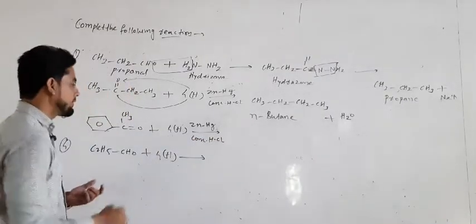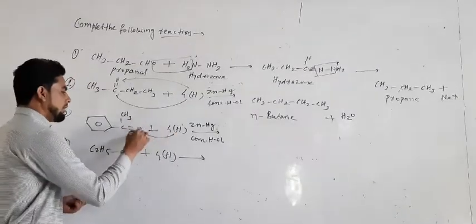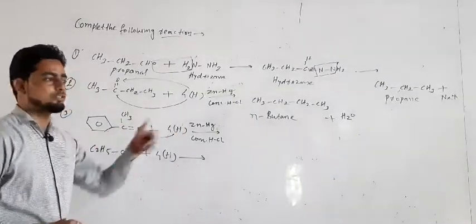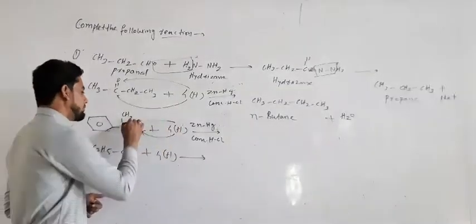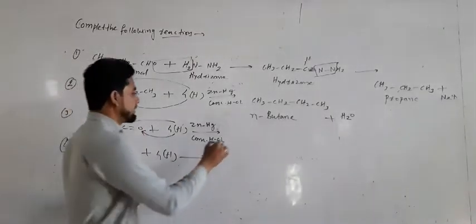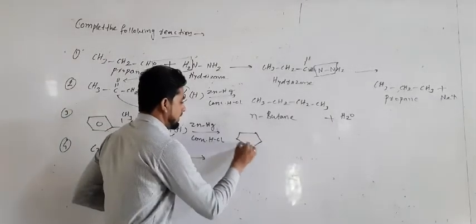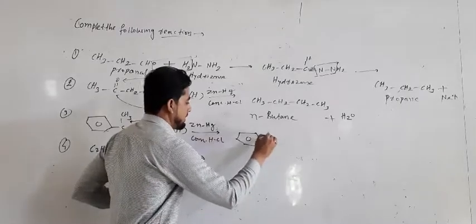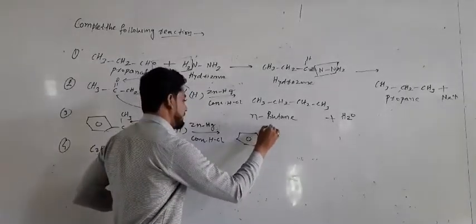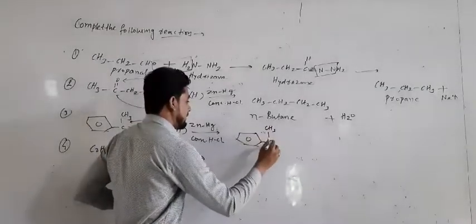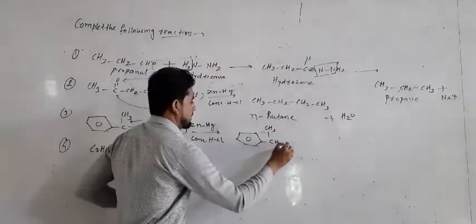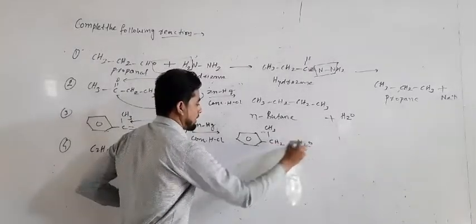So what do we get, beta? This oxygen and 2 hydrogens go as byproduct H2O. The remaining 2 H are attached to this carbon. So we get benzene as it is attached to CH3 also as it is, and this CH2, plus loss of a water molecule.